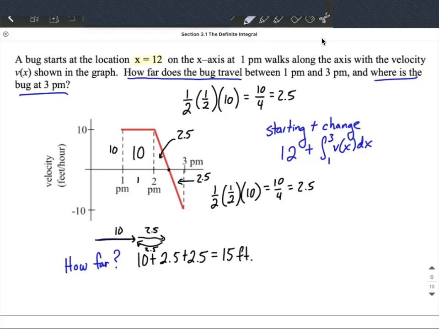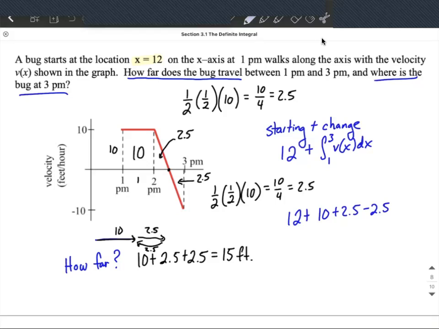That definite integral basically takes into account both positives and negatives. So that definite integral would be the 10 plus 2.5 minus 2.5, because the areas above are positive and the area below is negative.